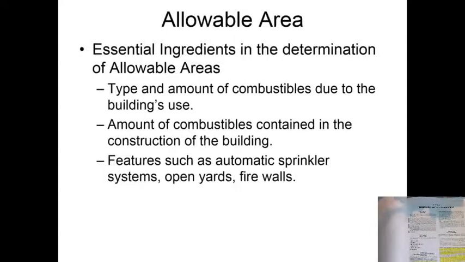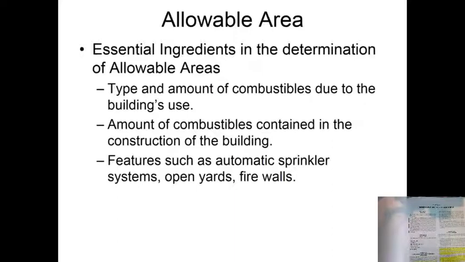So, allowable areas. These are really essential ingredients in the determination of allowable areas. We've got to know the type and the amount of combustibles due to the building use. Like, what is the contents within that building? How much are you putting in there? If it's a factory and it could have combustibles in it, that makes a difference. Also the amount of combustibles contained in the construction of the building.